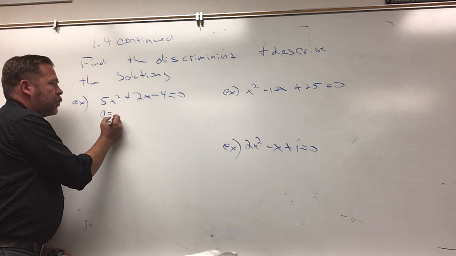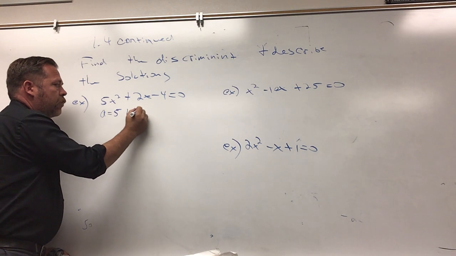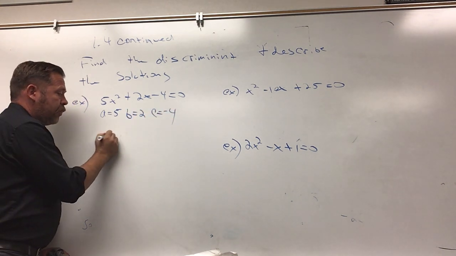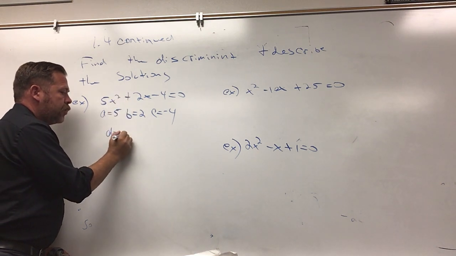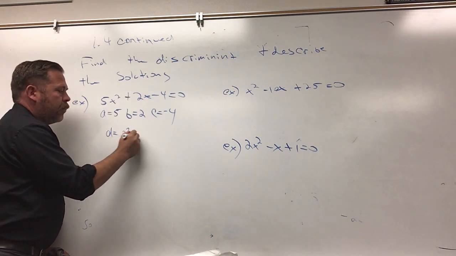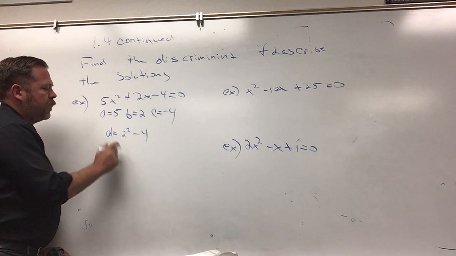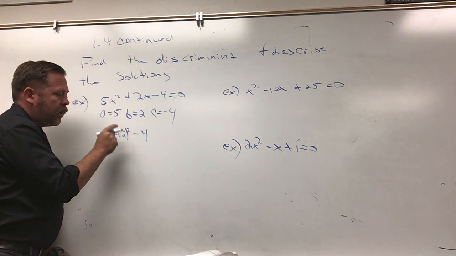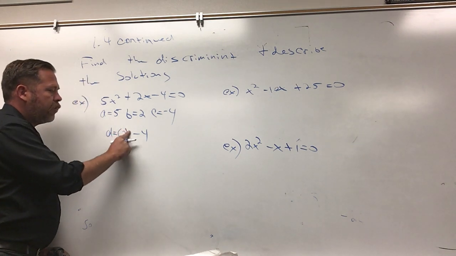A equals 5, B equals 2, C equals -4. And the discriminant is equal to 2 squared minus 4, I should put that 2 in parentheses. I always replace a variable with a number, put it in parentheses.